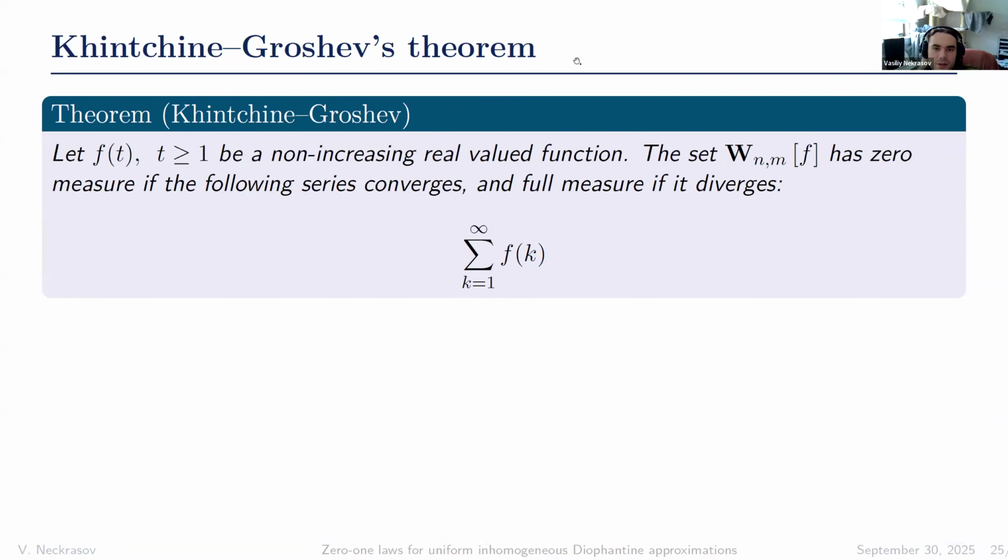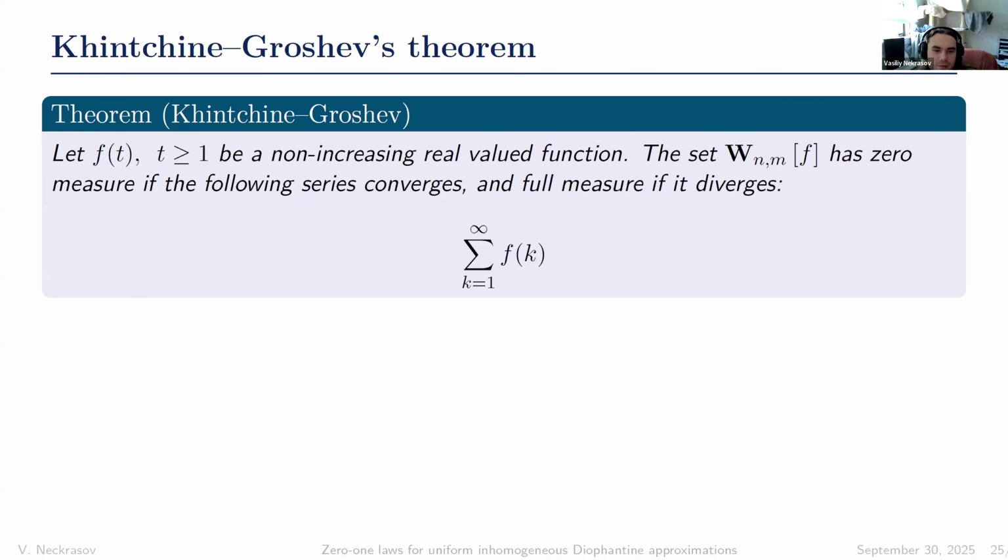Okay, so what I already have mentioned, and what probably seems in its spirit similar to the inhomogeneous Dirichlet theorem, is the well-known Khinchin-Groshev theorem. The Khinchin-Groshev theorem is a classical 0-1 law for homogeneous asymptotic approximation. And it says that the set of F approximable, not F uniform, but F approximable matrices has zero or full measure depending on just convergence or divergence of this simple series of f(k).